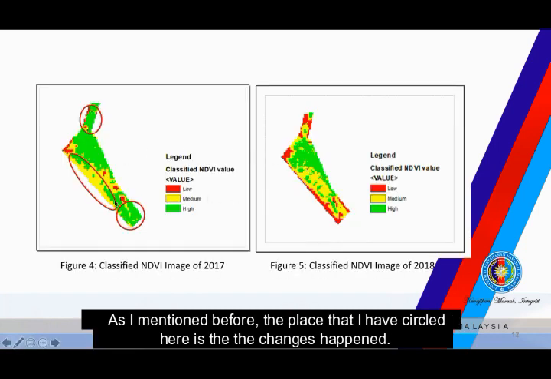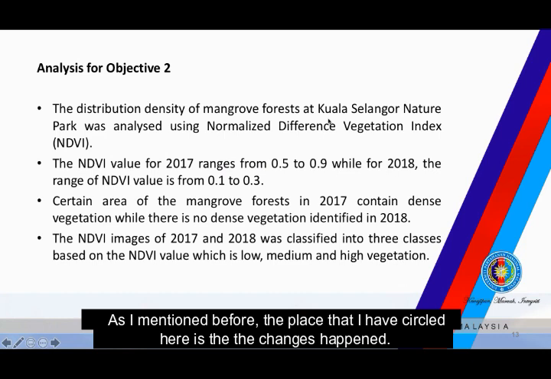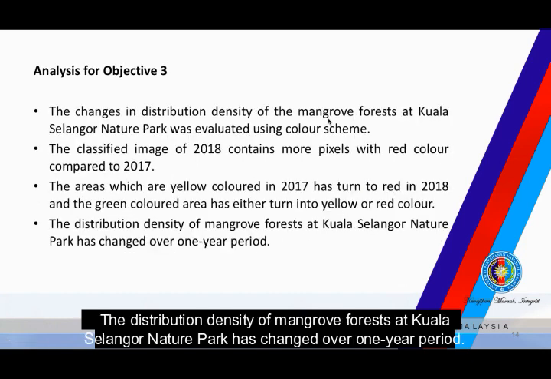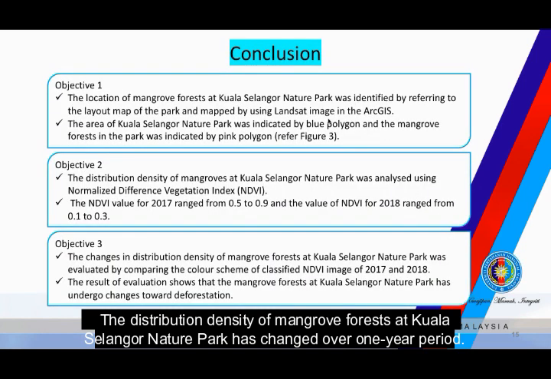As I mentioned before, the place that I have circled here is the changes that happen. So, the distribution density of mangrove forest at Kuala Selangor Nature Park has changed over a 1-year period.